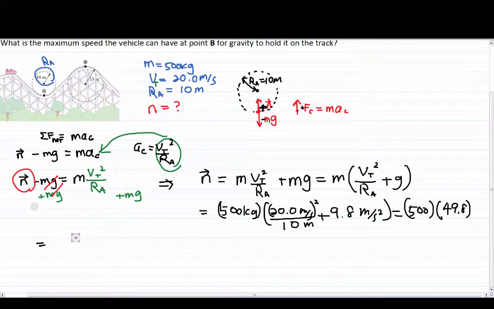Then we get 24.9 times 10 to the 4th newtons.